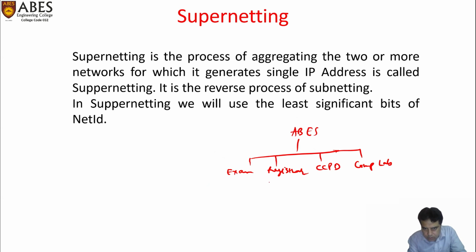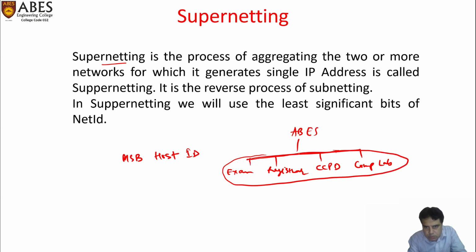For subnetting, we use the most significant bits of the host ID, but supernetting is the reverse process, when we combine all these subnets into a single network for ABES. So this is called supernetting.